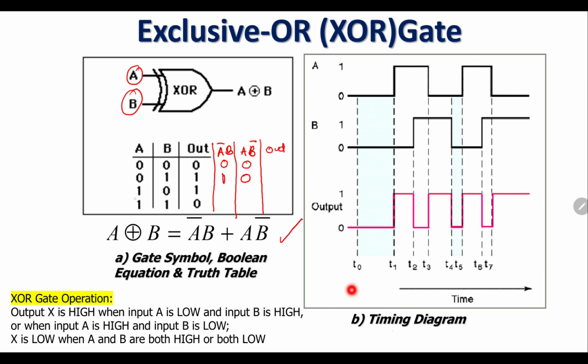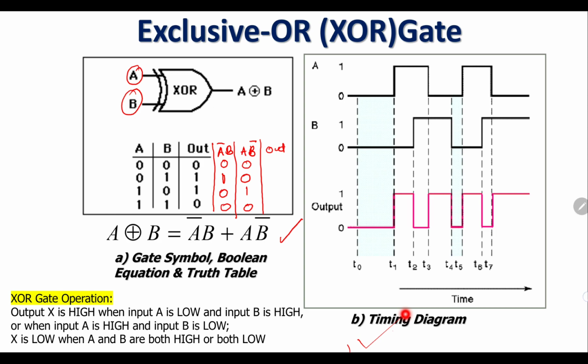For the input 1, 0, A bar B is 0 plus 0, 0. A B bar, 1 plus 1, 1. Okay. For the input 1, 1, A bar B is 0 times 1 is 0. A B bar, A is 1, B is 0, 1 times 0 is 0.